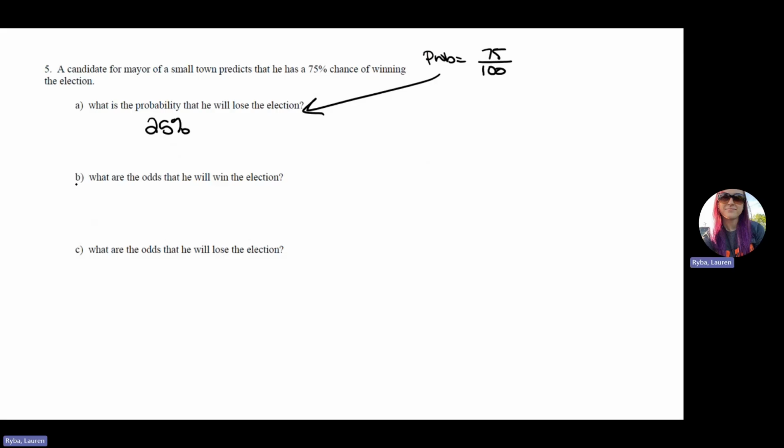Now, we want to go the other way and say, what are the odds that he will win? So I want to put win over loss. Well, win is 75. Loss is 25. 75 over 25 is 3 over 1.